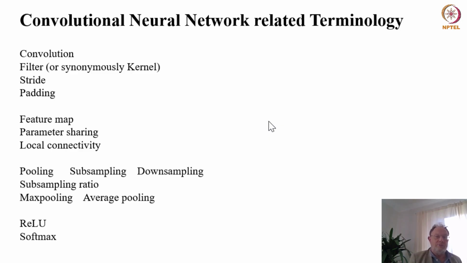All that has to do with how you handle the convolution layer. And we have the concept of feature map, the map of features that gradually is built up, and so on. We will go through all these concepts systematically in the following slides.